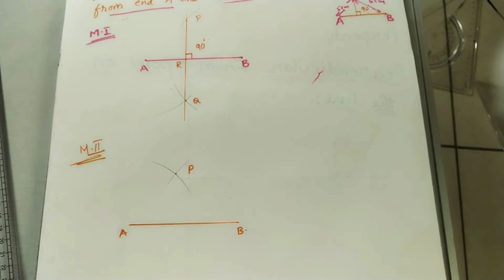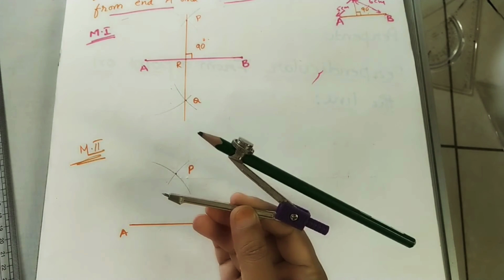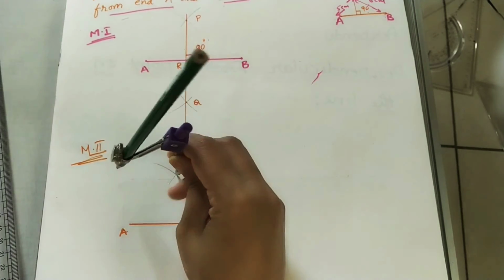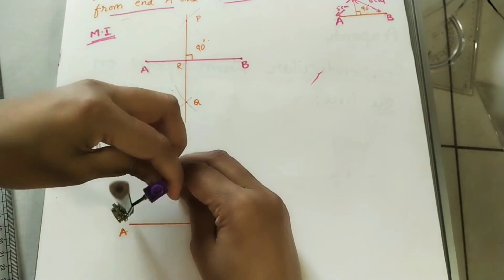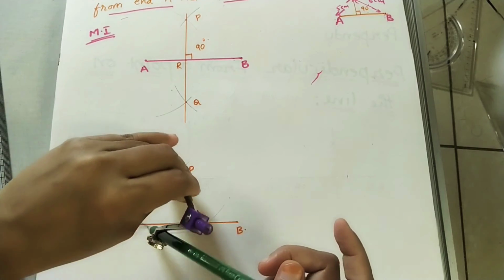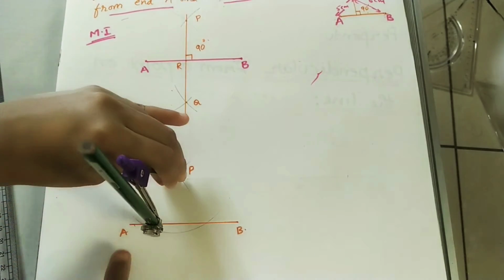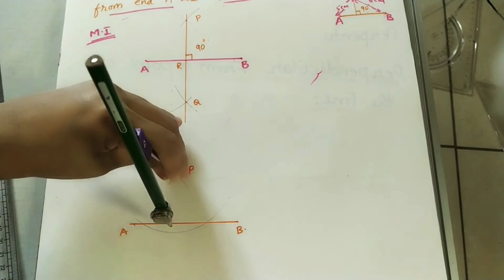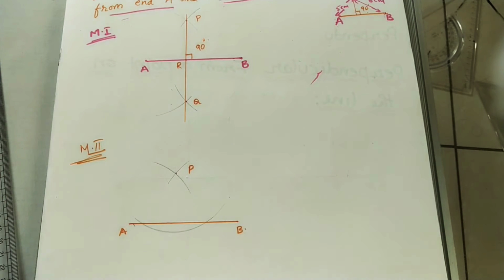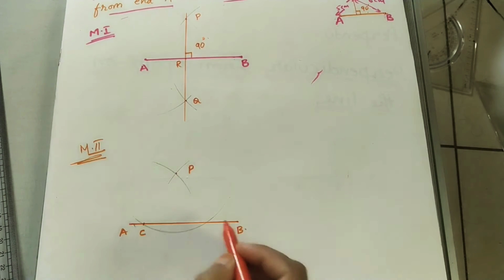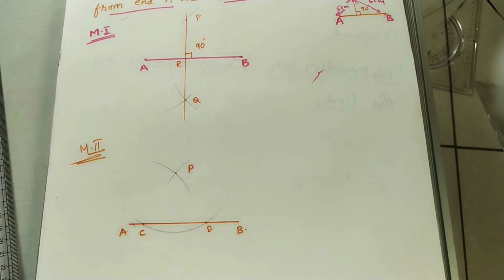After that, in this method, take some radius, any radius, not a bigger one. From P, do an arc on the AB line, which should intersect the AB line at 2 points. Whatever intersection points are coming, I am calling C and D. The arc is the CD arc.